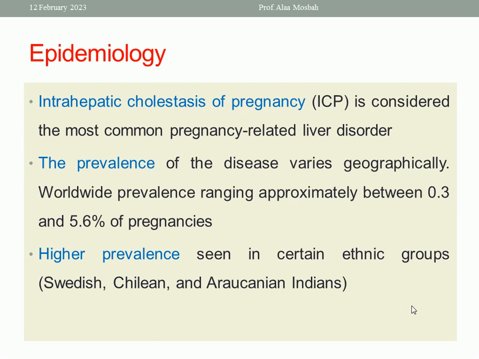What are the countries with higher prevalence? Really, higher prevalence is seen in certain ethnic groups like Swedish, Chilean, South American, and Araucanian Indians.